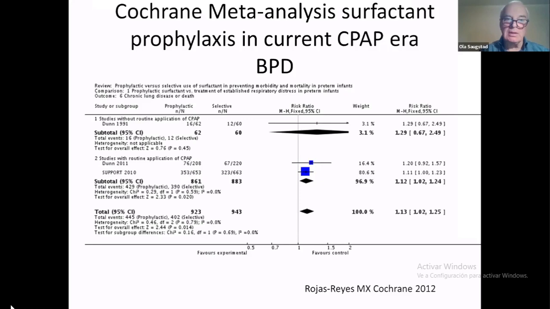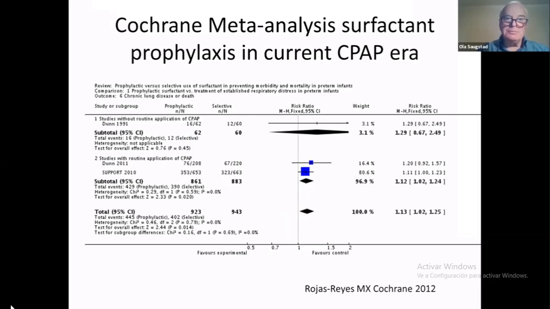Prophylactic surfactant, and there's several reasons for that, and one is that more babies, for instance, receive more antenatal steroids. So we have a different population now than compared to 20 years ago. So here you see that the outcome from BPD favors using surfactant selectively.